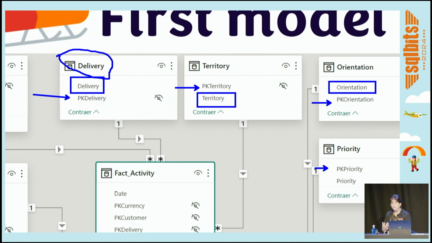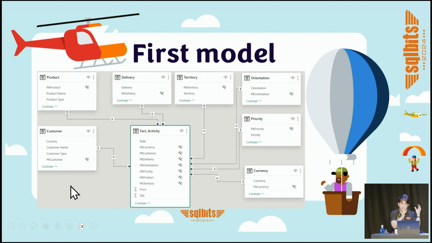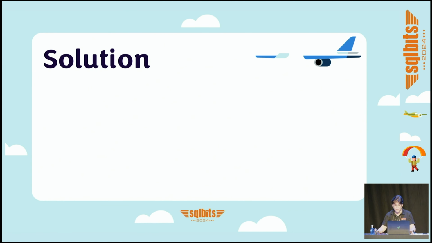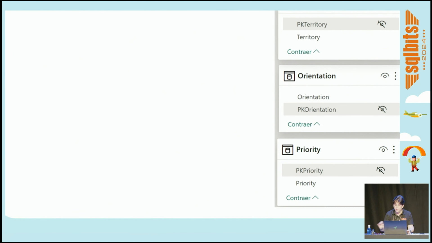For example, the difference is here. We have several attributes for products and several attributes for customer. These are good entities.